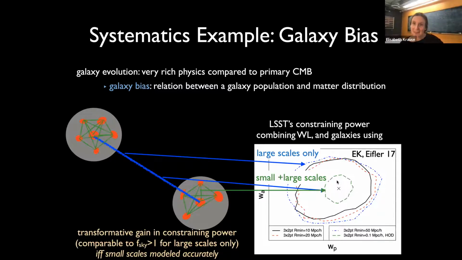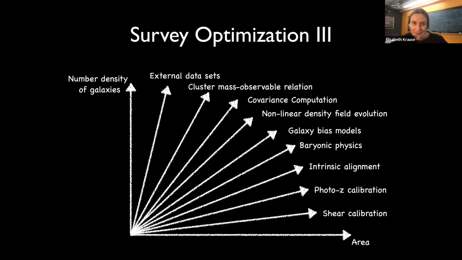So this is definitely an area of optimization for future analyses. This is just one of many examples. In practice, I think survey optimization has to include not only the number density of galaxies and survey area, but also consider the main systematic uncertainties in this process.